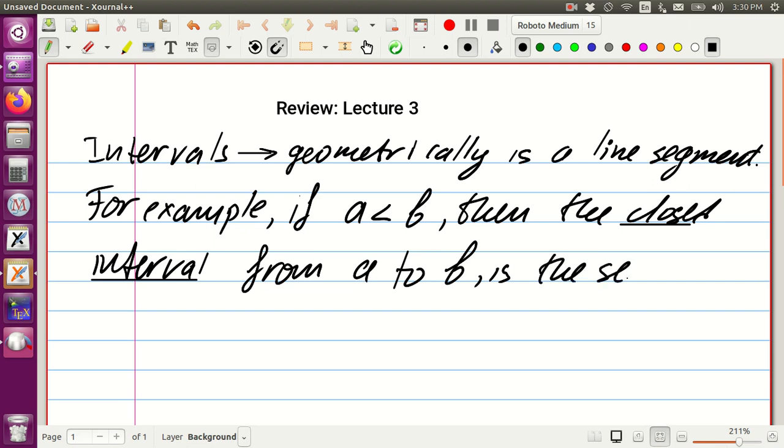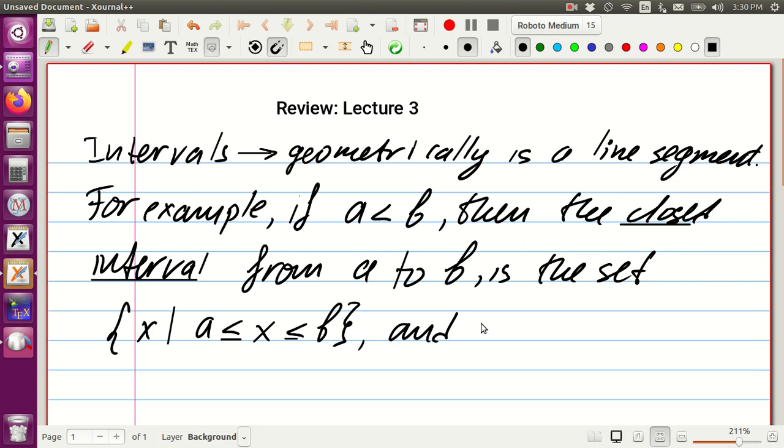Since we define sets, it would be the easiest way to describe it: all x such that x is greater or equal than A and less or equal than B, and this is for a closed interval.